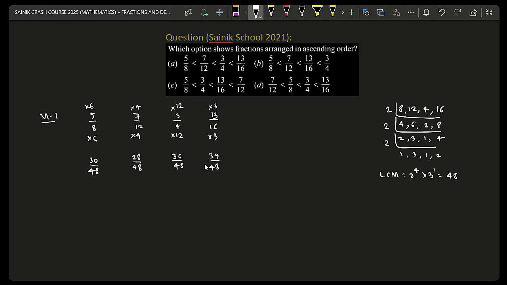Sir, if denominators are same, the numerator which is smaller, that one has the lesser value. Okay, because we want to arrange in ascending order, we want the smallest fraction first. Smallest fraction comes from smallest numerator or greatest numerator? So smallest numerator. Where is that smallest numerator? 28 by 48. It came from which fraction? 7 by 12.